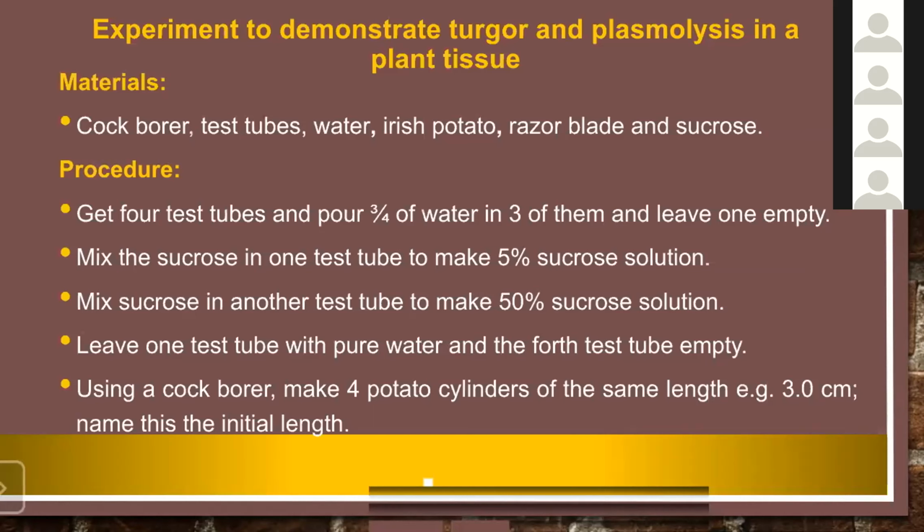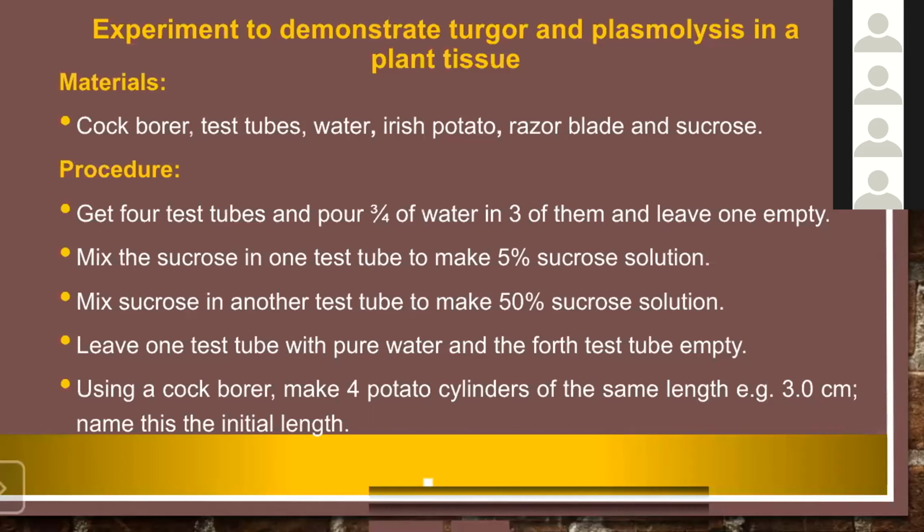Before we go to the next slide, there is something that I want you to take note of here. Later on, relating to how we can answer questions here, you could be asked to describe an experiment to demonstrate maybe turgor and plasmolysis in a plant tissue. And the approach to it will be the way it is outlined here.